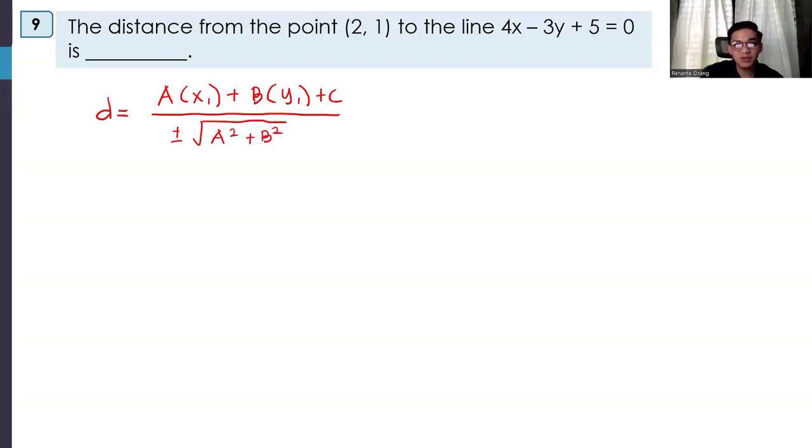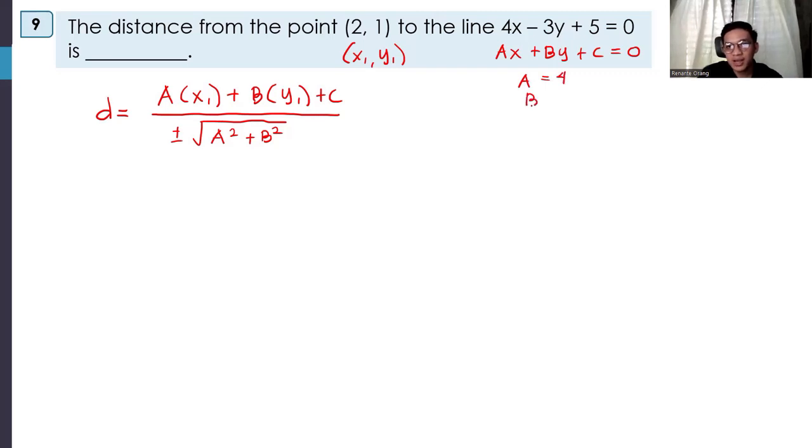Again, we use this formula if we have a point and the equation of our line. Same as before, let's set this as our x sub 1 and this as our y sub 1. For this one, we have Ax plus By plus C is equivalent to 0. So by inspection, our A is 4, our B is negative 3, and our C is 5.